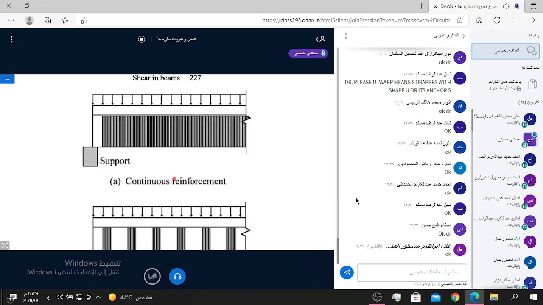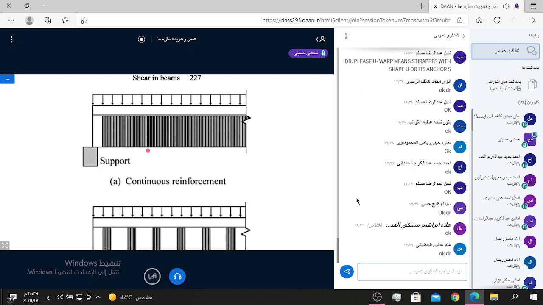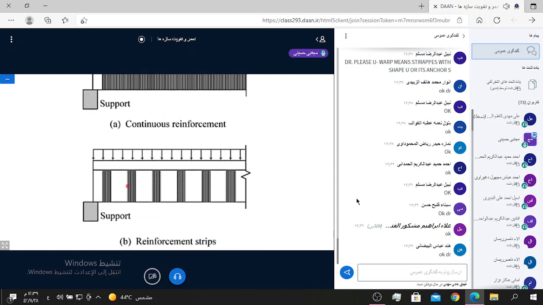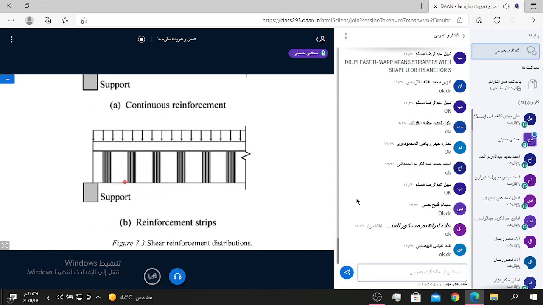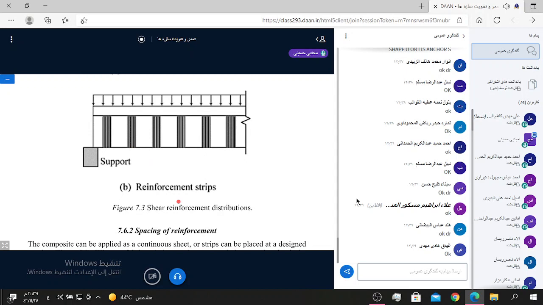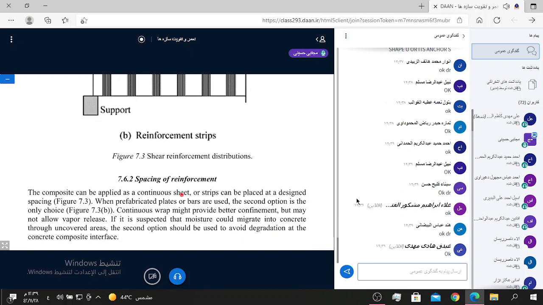Okay, you can see here for a continuous beam the use of reinforced concrete, and in here also we have composite material. Both have a distance from each other, and a spacing of reinforcement can be applied as a continuous sheet, or strips can be placed at designed spacing.